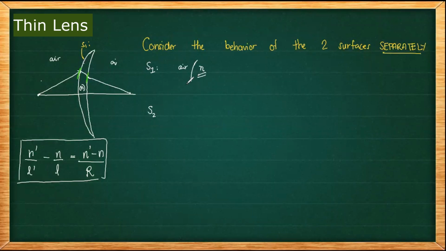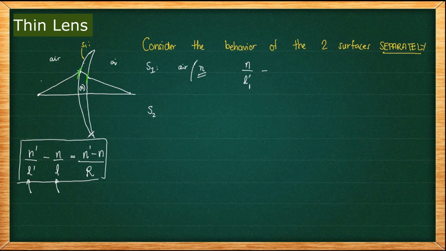So for surface one, we have air here on the left side, and then the second medium has an index of refraction n. Comparing that to our result from the previous slide, this one is for the second medium, and this one is for the first medium. So we have n over l prime 1, because this here is the image for surface one, so let's relabel it as 1, following the form in the book.